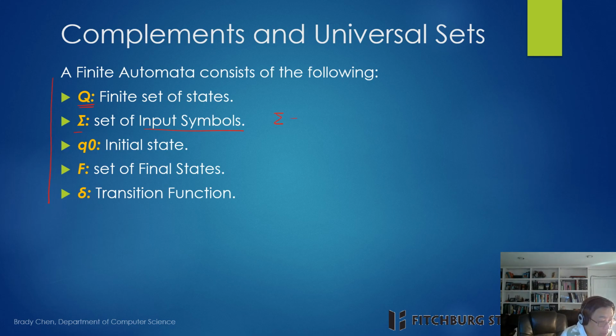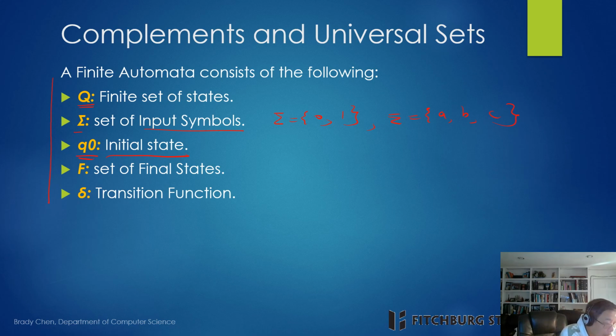For example, you can say 0, 1, or A, B, C. Okay, it's a set of input symbols. And then Q0 is the initial state. The finite automata must start from the initial state. And then you're going to move to the next state based on a certain condition. Now, which next state you're going to move to is based on the criteria we set up in the finite automata.